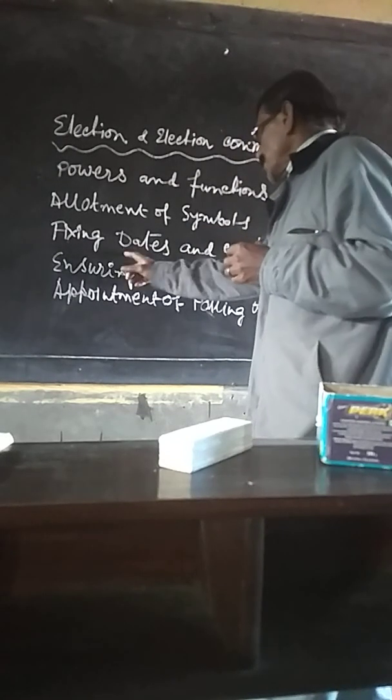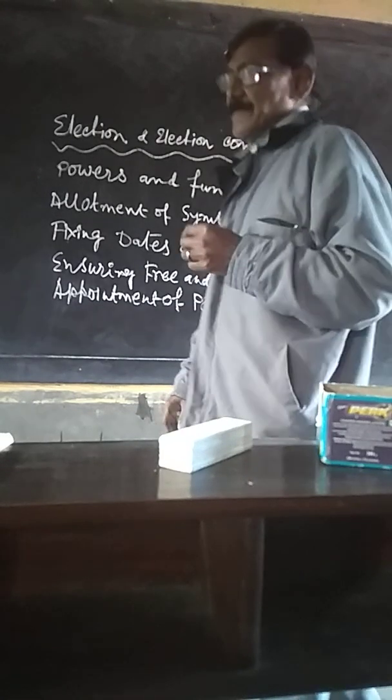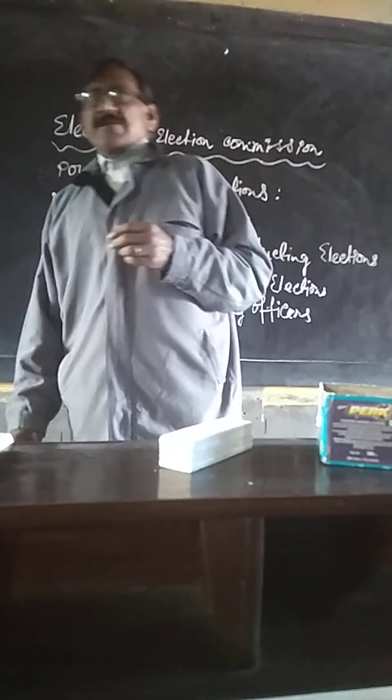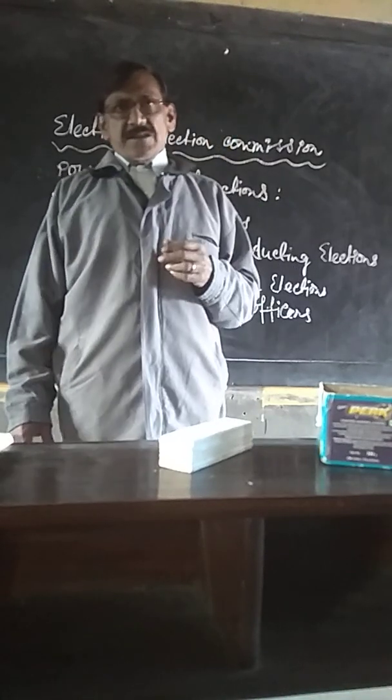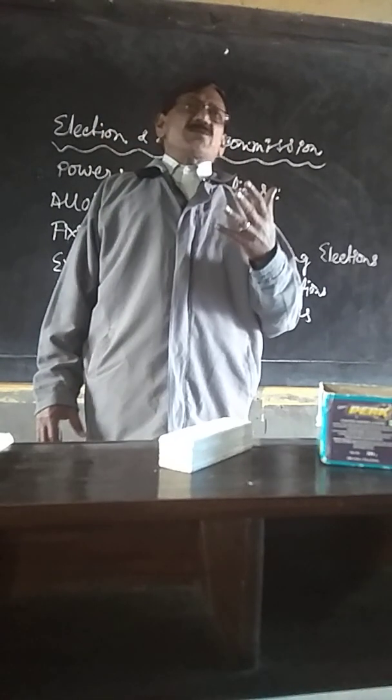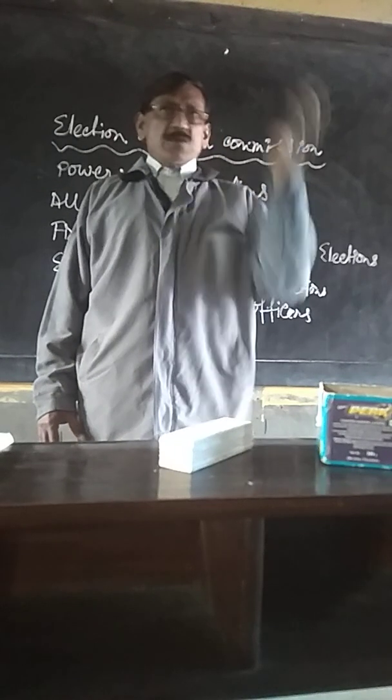And next one, fixing dates and conducting elections. The election commission fixes the dates of election. Suppose one general election is going to be held throughout the country.